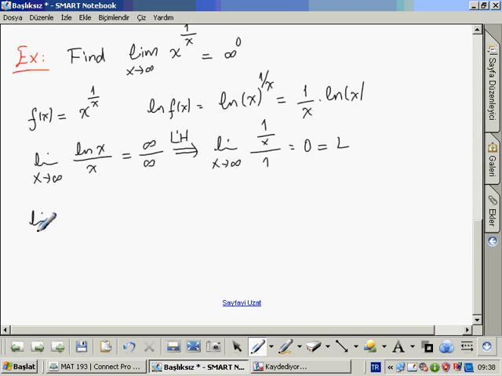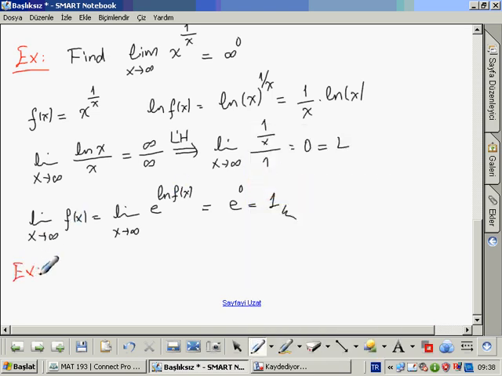And the second step: the limit as x approaches infinity of f of x equals the limit of e to the power of ln f of x. We know that it's equal to 0, e to the 0, so it's equal to 1.